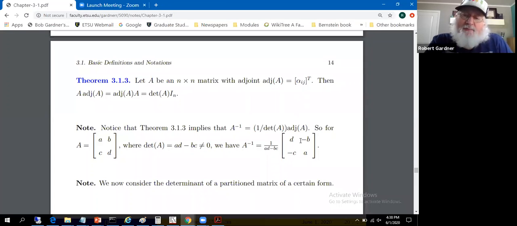That little pattern of plus minus, minus plus, totally reminds me of alternating signs that you would see in a cofactor expansion. It is. Oh, and this is divided by AD minus BC.